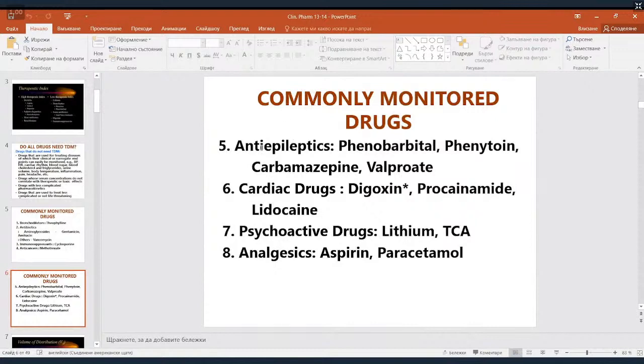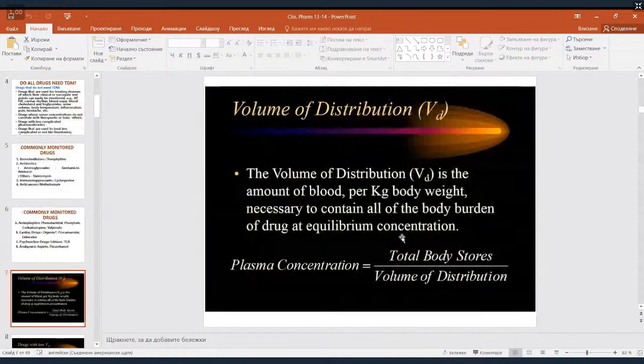Besides them, the commonly used antiepileptics like phenobarbital, phenytoin, carbamazepine, valproate or valproic acid, digoxin, and lidocaine, sometimes when lidocaine is used as an anti-arrhythmic drug. As you know, lidocaine is mostly used as a local anesthetic, but it can also be used intravenously as an anti-arrhythmic drug. Then we sometimes use therapeutic drug monitoring to measure the plasma drug concentration.